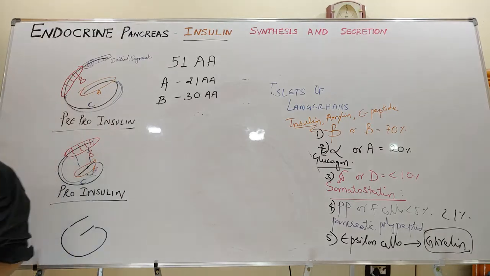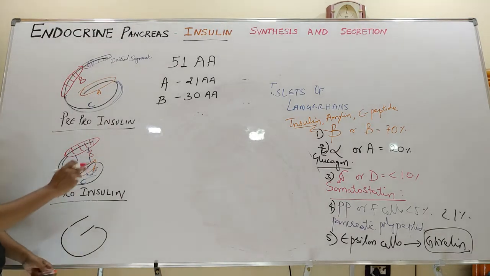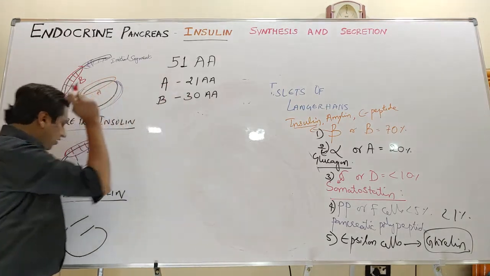Now finally the mature insulin molecule consists of the A chain and the B chain.